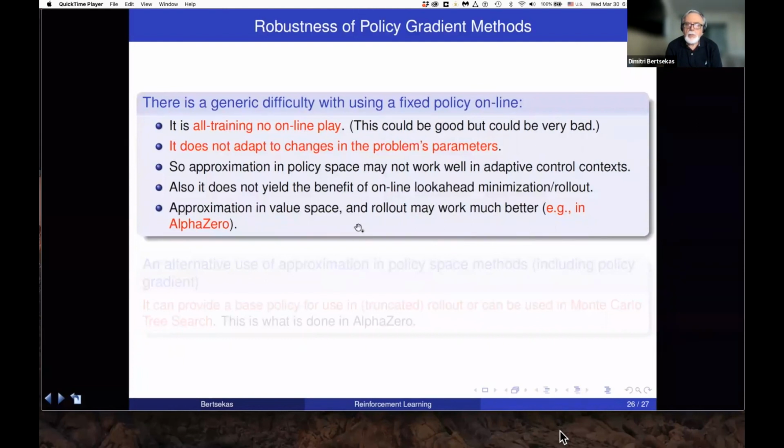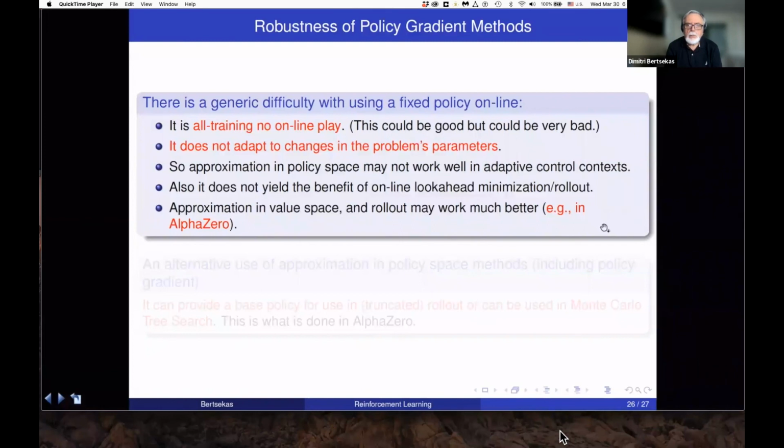So if AlphaZero were to take the policy network, the policy obtained from the deep neural network through offline training, then it would not play very impressively. It may play like a strong player, but nowhere near the phenomenal level of play that it is capable of through multi-step look ahead and approximation in value space. So bear that in mind.